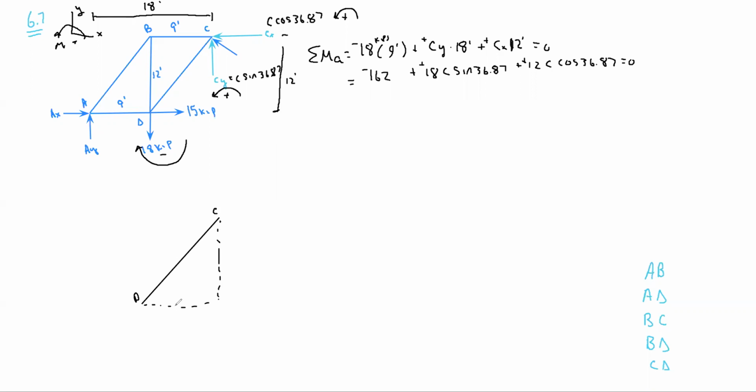I know that the distance here is 9, distance here is 12. So this angle right here can be found using the arctan of 12/9. And the arctan of 12/9 is 53.13.